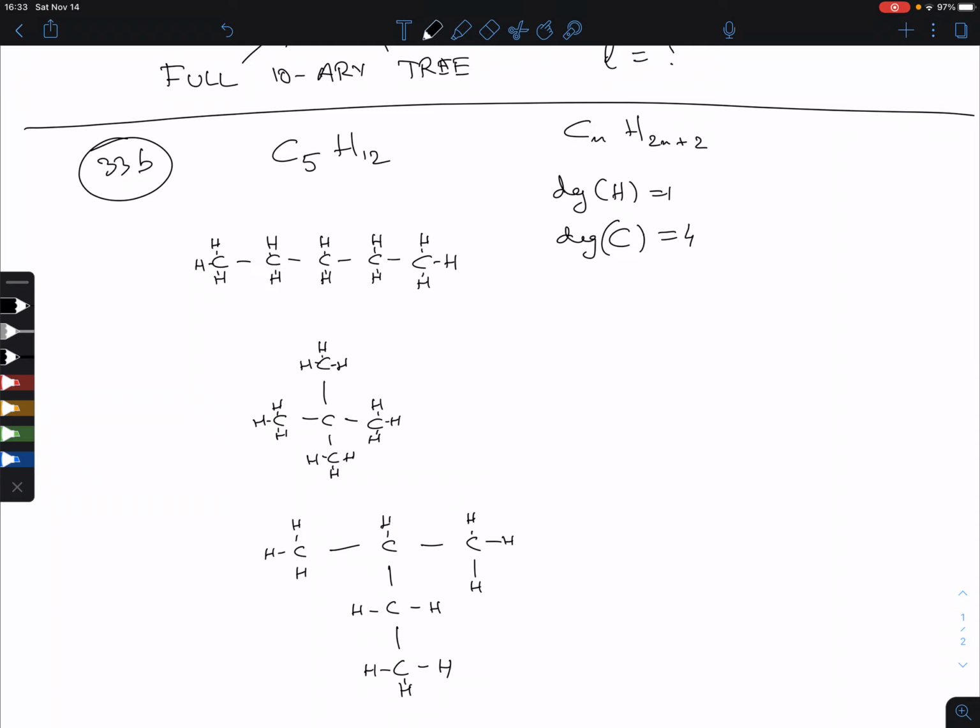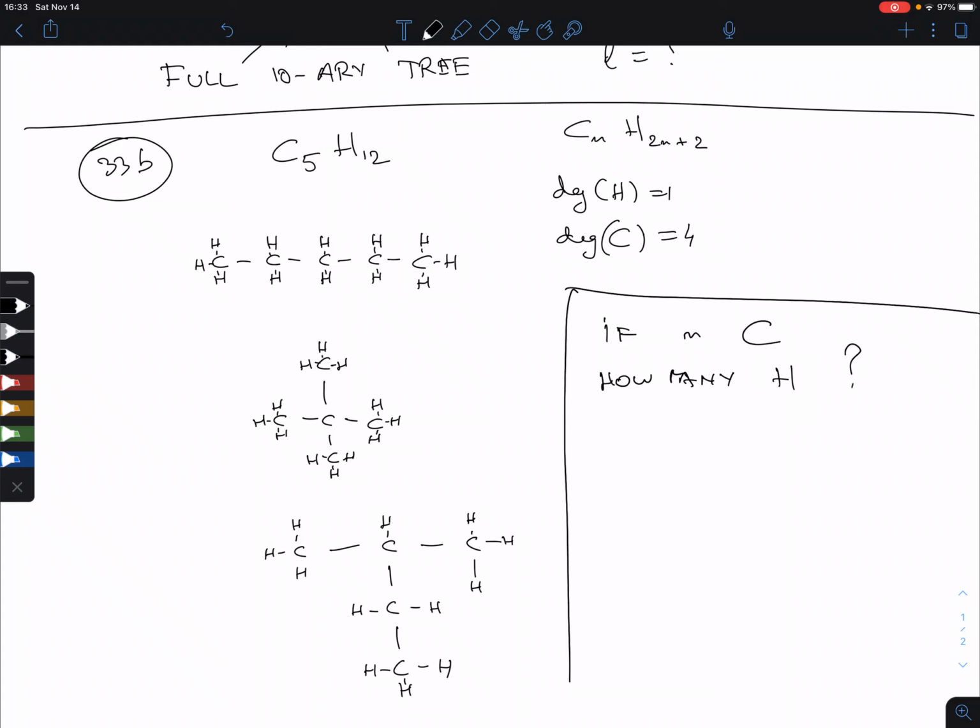Let me say, if N, see how many H in one of these hydrocarbons. And the answer is 2n plus 2, but why? I want to address this because it is something that we can solve.